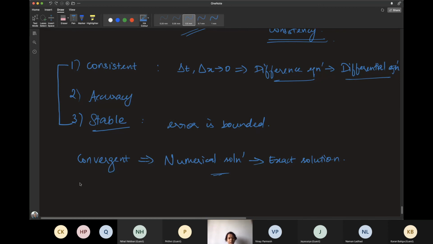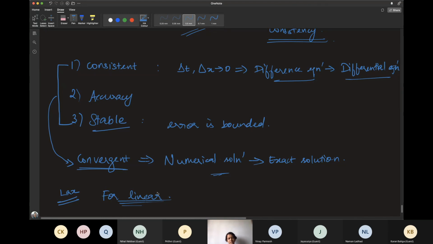There is a proof by Lax, I guess, which he has proved only for linear systems. He said that for linear systems, if you have a consistent and stable scheme, then that scheme is convergent. That is, the numerical solution obtained from a consistent and stable scheme will converge to the exact solution.